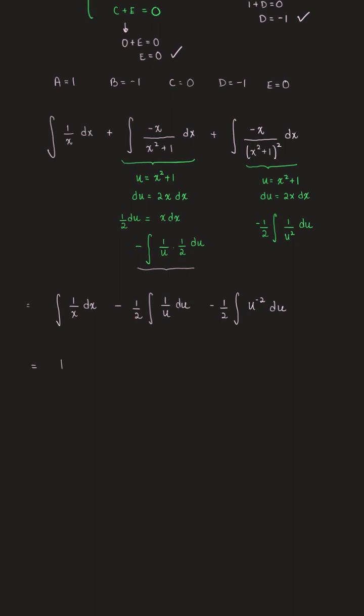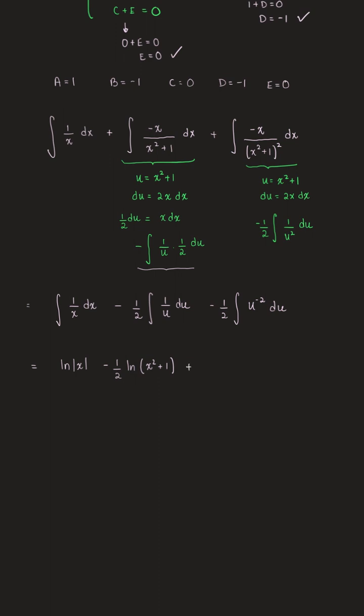So we have positive natural log absolute value of x minus 1/2 natural log, and u is x squared plus 1. I don't need absolute value because x squared plus 1 is always positive. And then u to the negative 2, when we integrate using the power rule, will be u to the negative 1 over negative 1.